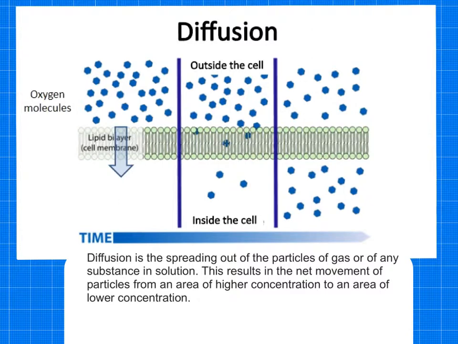Diffusion can be defined as the spreading out of the particles of gas or of any substance in solution. This results in the net movement of particles from an area of higher concentration to an area of lower concentration.